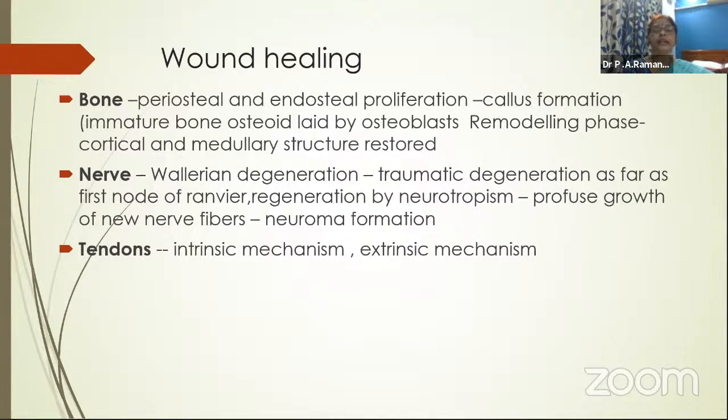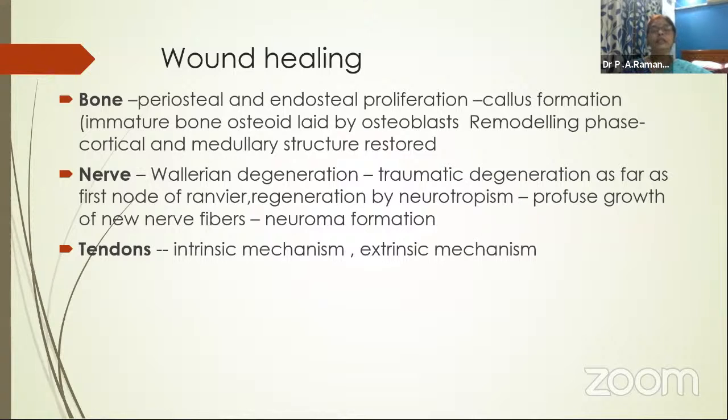That is, there is degeneration of the nerve as far as the first node of Ranvier. It will go up to the node of Ranvier, and that part of the nerve is degenerated. Now, by the mechanism of neurotropism, regeneration occurs and profuse growth of new fibers occurs from the nerve end.